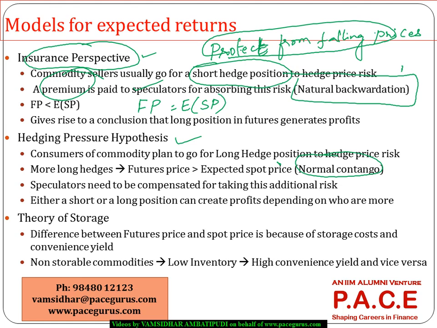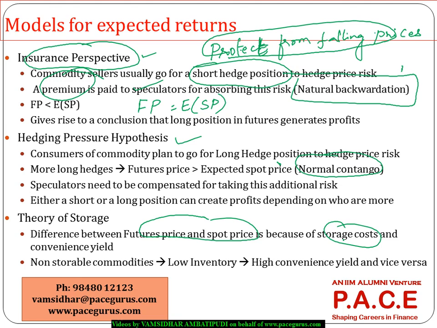And one more interesting theory with respect to the commodities market, which we have already dealt with earlier, is that the difference between the futures and the spot price is purely because of storage costs and convenience yield. If the storage costs are very high, meaning it is a non-storable kind of commodity, obviously the inventory levels will be much lesser, which gives rise to high convenience yield and vice versa.